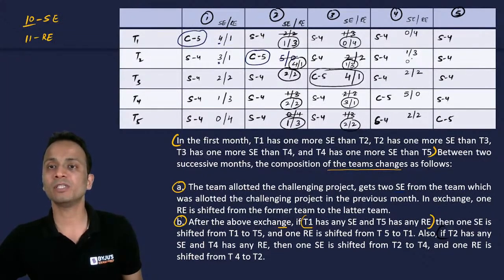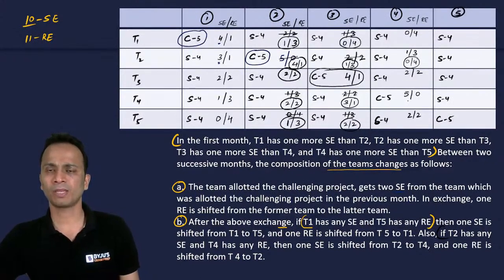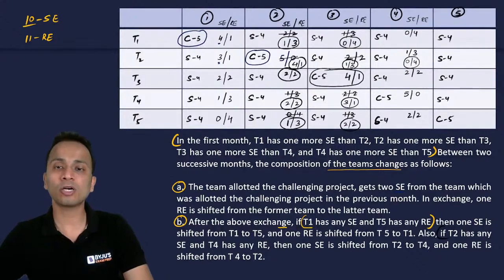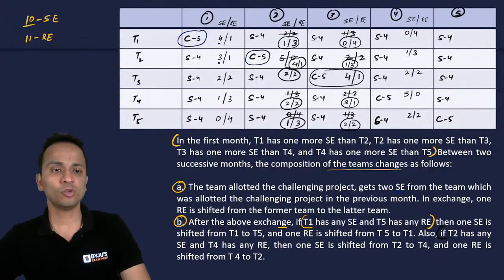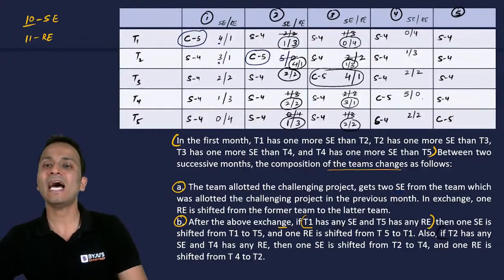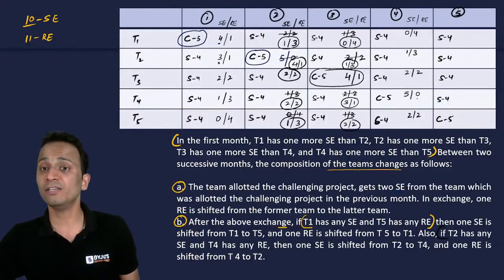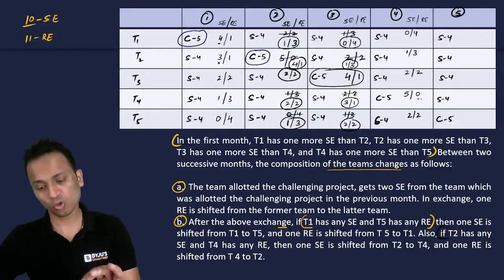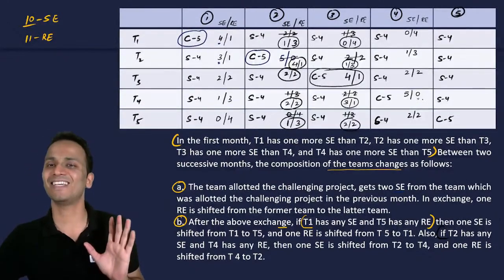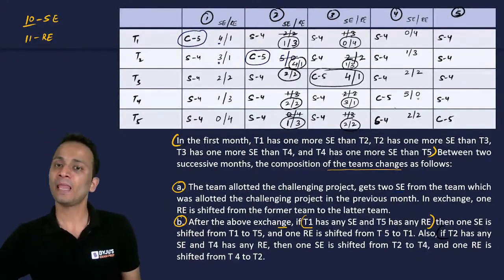So this will become 0, 4, the new, and this will go from here to there, one second, 6, 1, so something is wrong. Oh, exchange will also not happen here. So it is saying that if T2 has SE and T4 has RE, T4 does not have RE. So exchange will not happen in this case. We are saved. Okay, now let's move ahead.